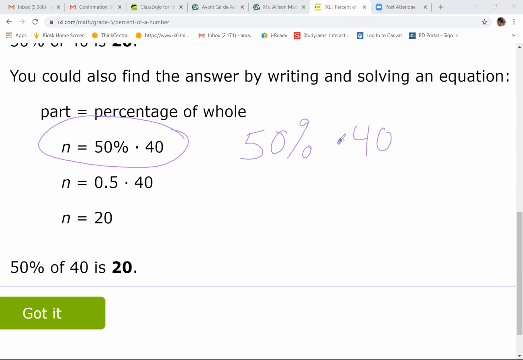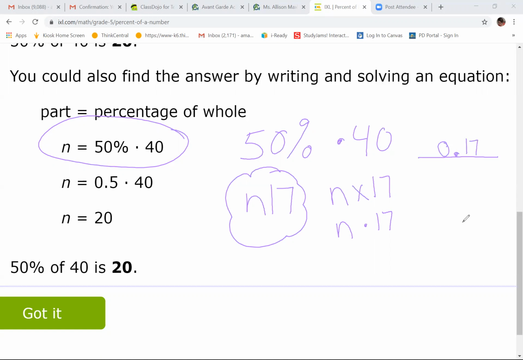And I'm so glad they did this because next year in 6th grade, you're going to see something like that. And you know what that means? That means n times 17. Or you'll see it like that. Now that's not a decimal because a decimal is going to be on the line, 0.17.